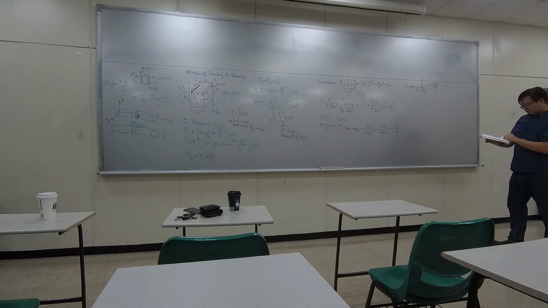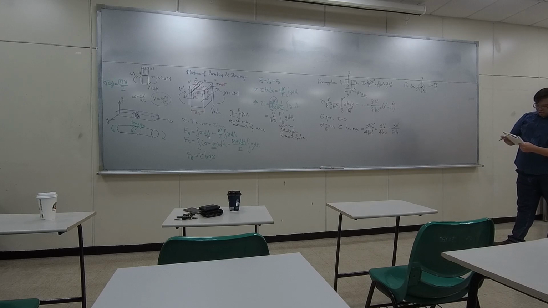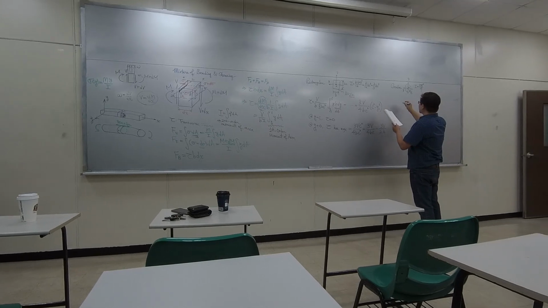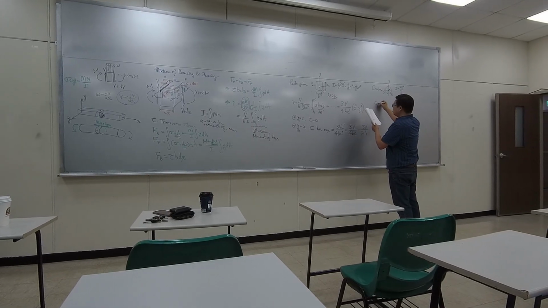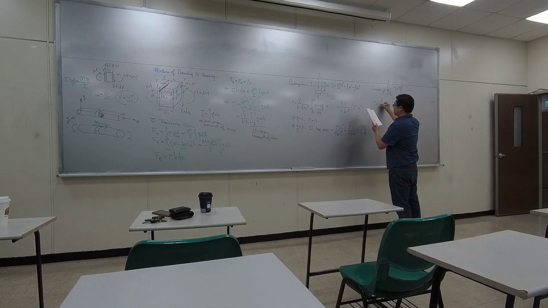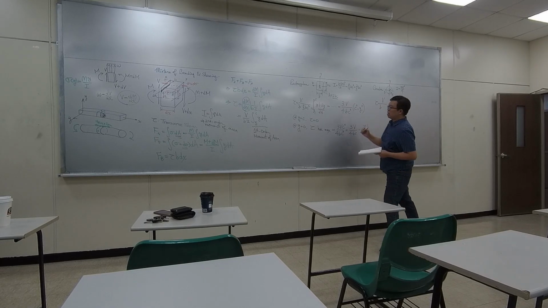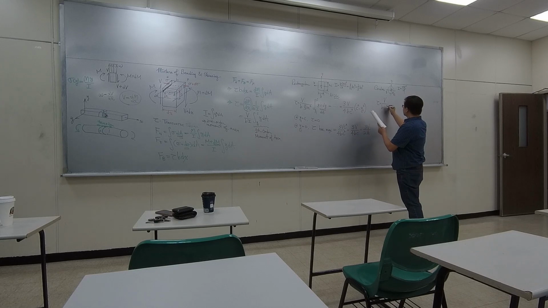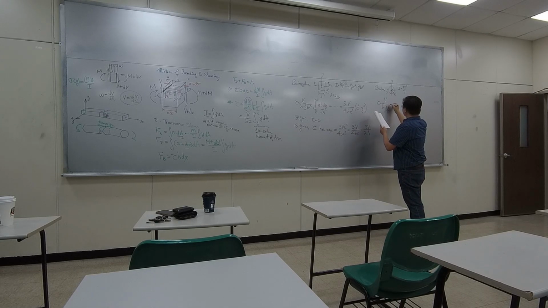You can try it by yourself. The integral for circular geometry is more complex, but it's still doable. Now I have I here, so I should put my I here. So here is pi r to the 4th over 4, okay?